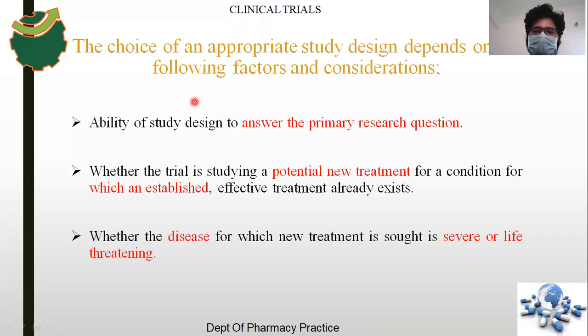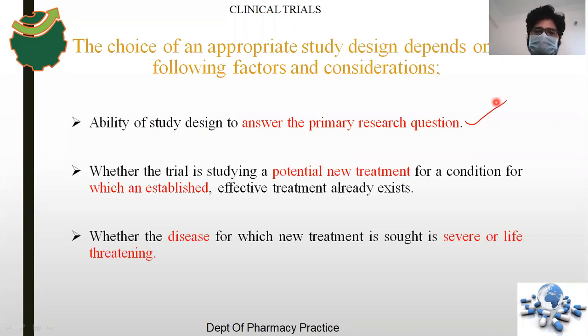Yeah, it's almost similar to the basic principles. The first thing is the ability of the study design to answer the primary research question. Your study design can answer the research question appropriately or not.